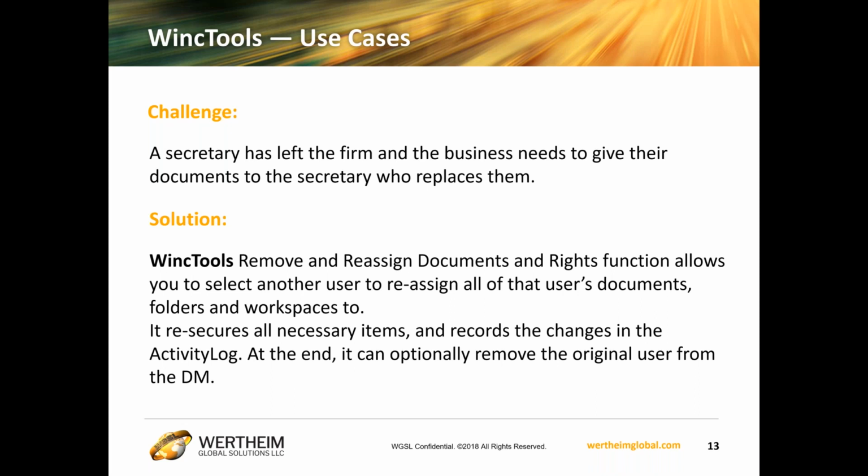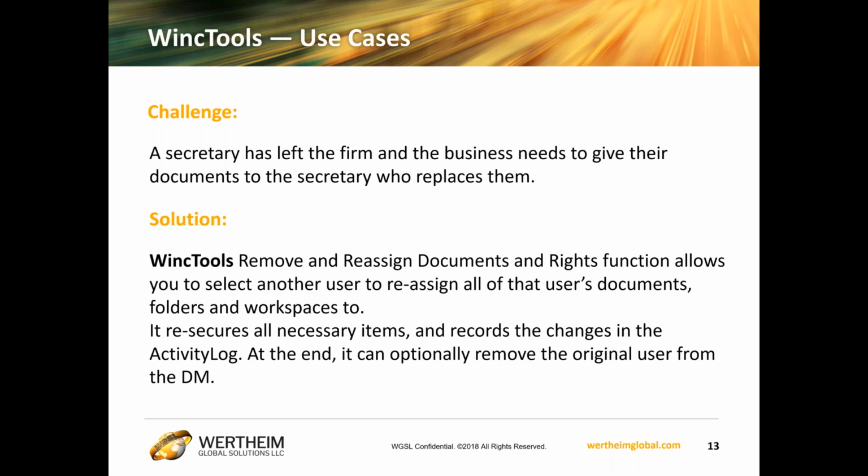We have a client that wanted to be able to transfer the documents from a user who left the firm to another user. They wanted to make that user the author and the typist, but in their particular case, they didn't want to remove the original user. They wanted the history to still stay of what that user had done prior to their leaving.